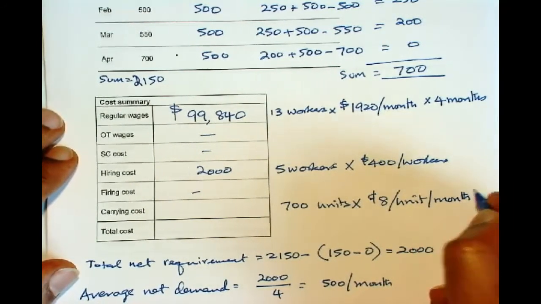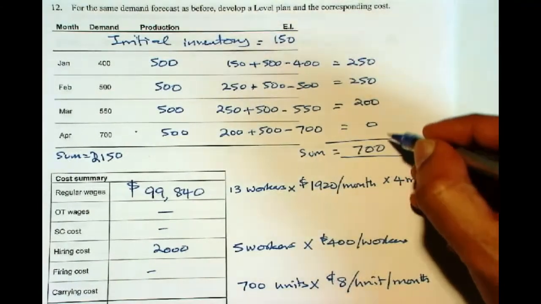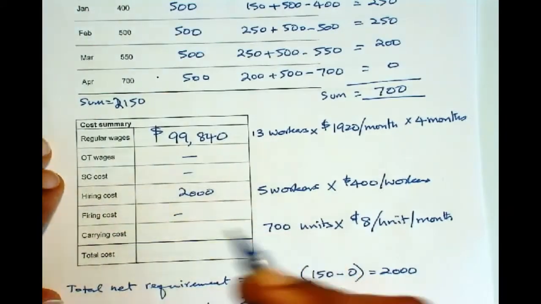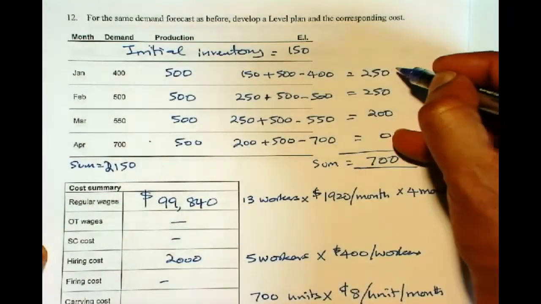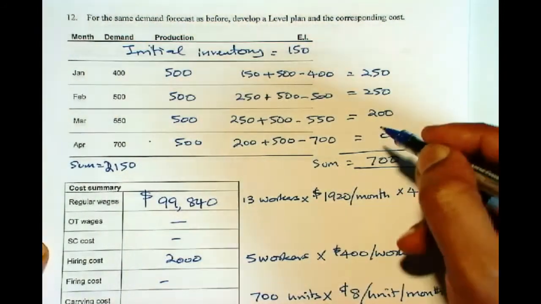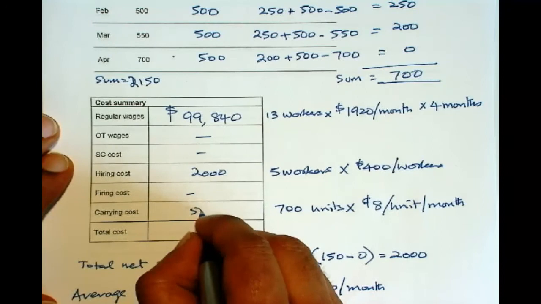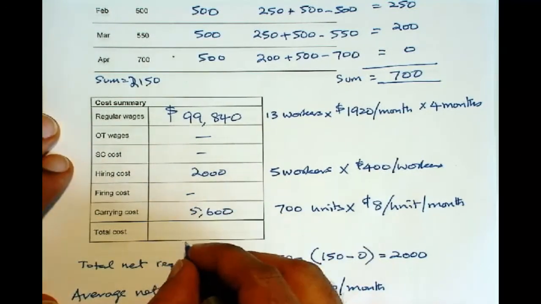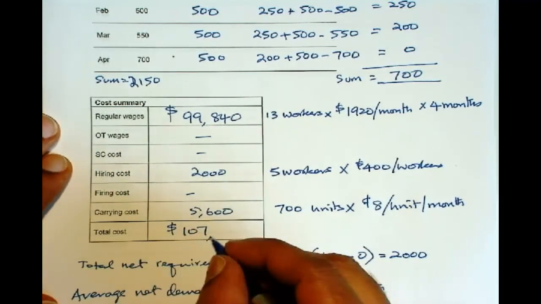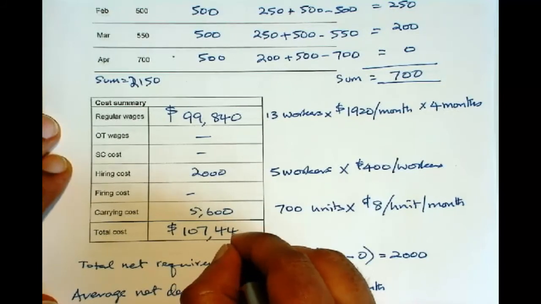So we've added up all the 4 months. So you shouldn't multiply this by 4 again, because that would mean that we had 700 at the end of each month. That would be wrong. And then so that's 5,600 for a total of 107,440.